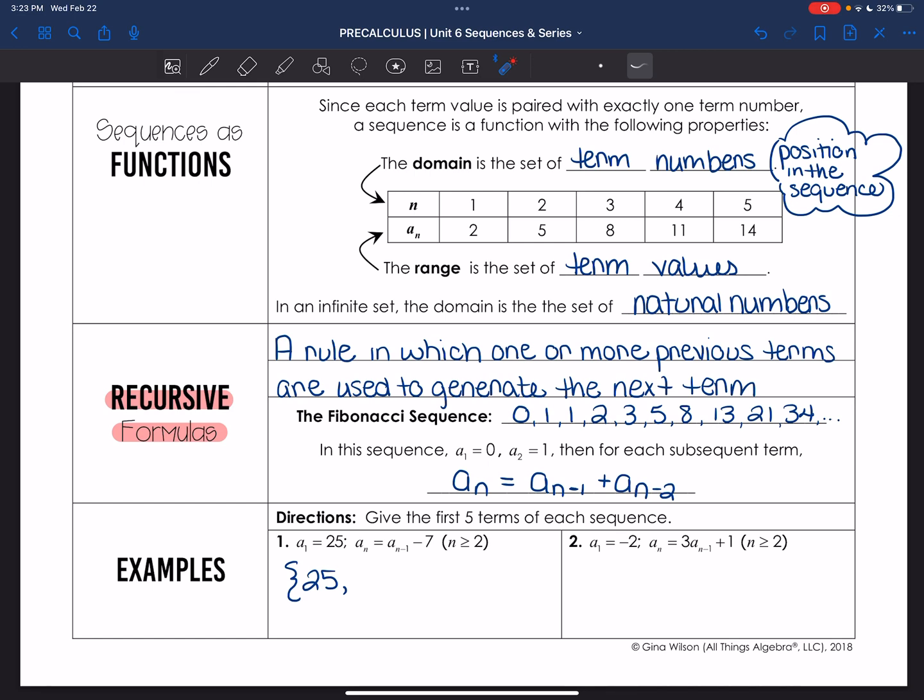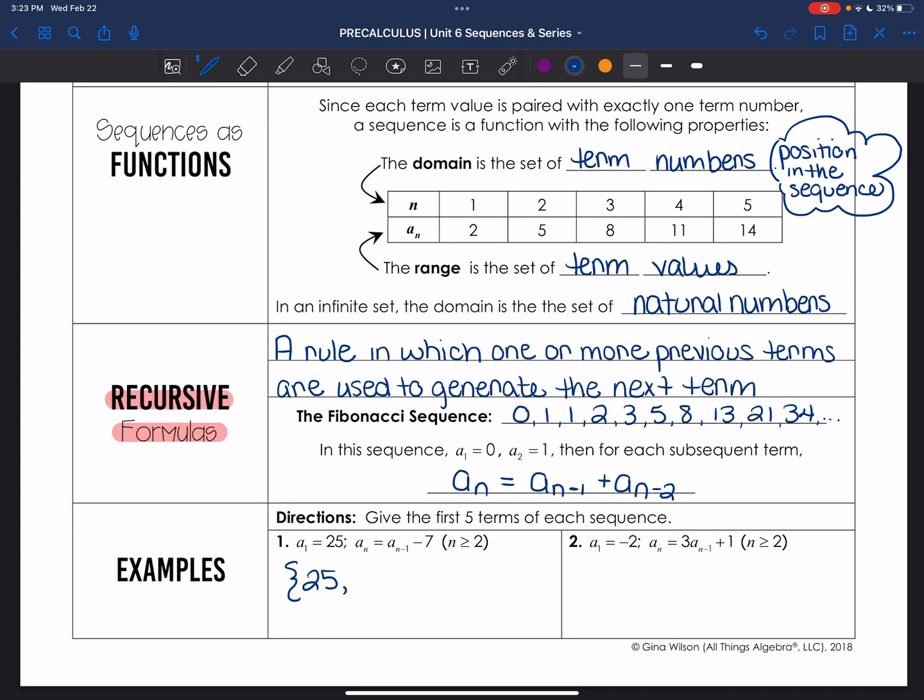So what does that look like? It means that we're going to take that first term and subtract 7 from it to get our next term.